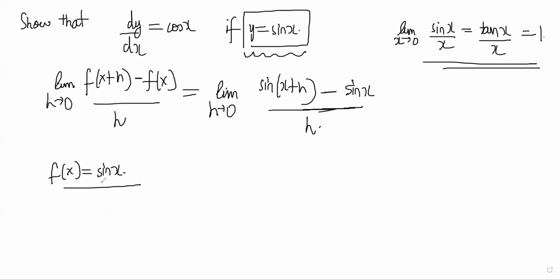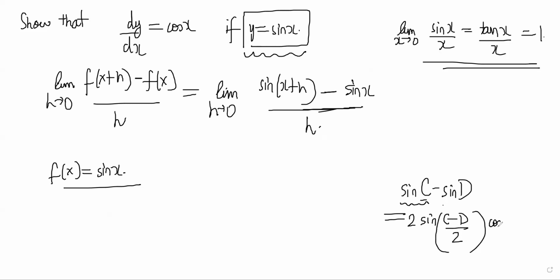Now in trigonometry in 11th and 12th, you will learn the formula for sine c minus sine d, how to simplify it into factors. If you have two sines or two cosines adding together or being subtracted, then you can always write them as products of things. So for example, sin c minus sin d can be written as 2 sin of (c minus d) by 2 cos of (c plus d) by 2.